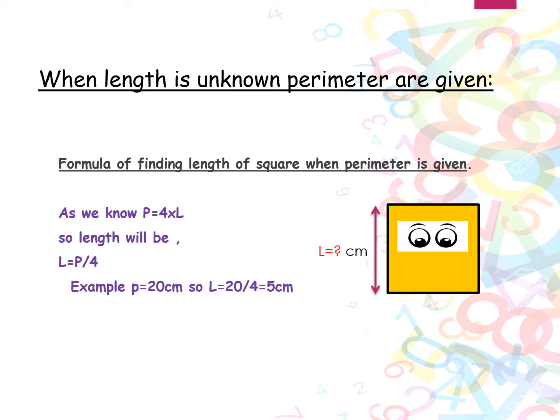So if perimeter is known to us, then we can find out the length of its side by dividing with 4. As you can see in the example, perimeter is known to us, which is 20 centimeter. So if we divide it by 4, then our length will be equal to 5 centimeter.